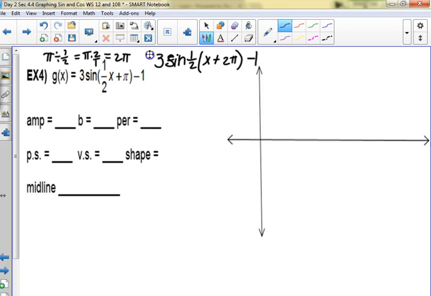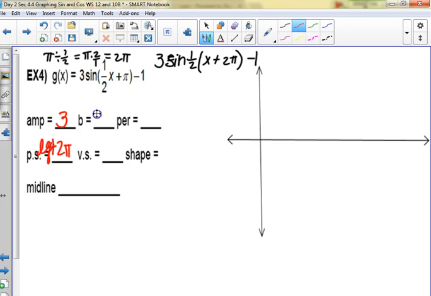Well, the good news is this is shifted what? Left 2 pi. Oh, that's disgusting. Okay. So the amplitude is 3. The phase shift is left 2 pi.